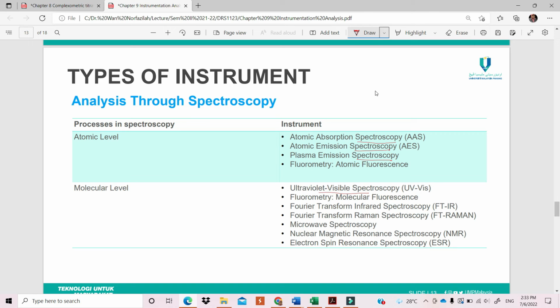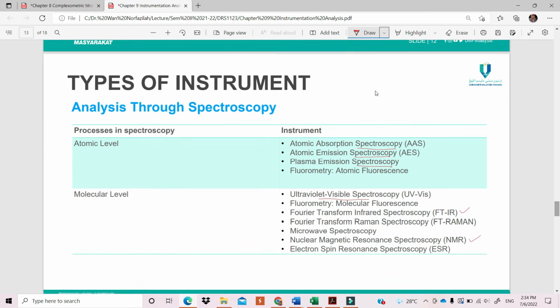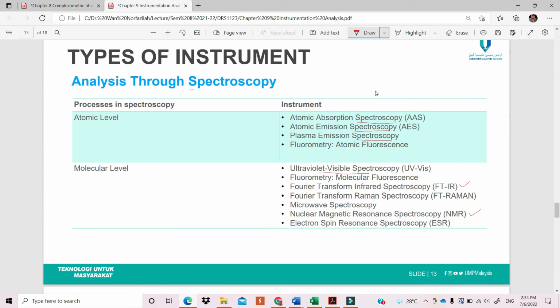Diploma saya tak pasti sampai tahap mana, tapi degree, this one will be very familiar. Yang ni pun sama kalau you ambil organic chemistry, kalau you buat FYP dengan organic chemistry, you akan guna nuclear magnetic resonance spectroscopy. So that one is analysis through spectroscopy.